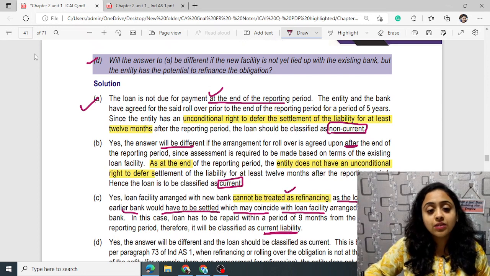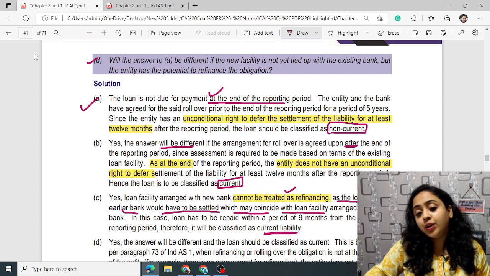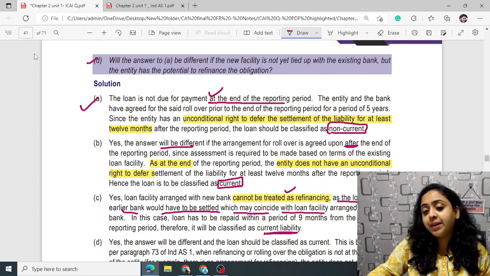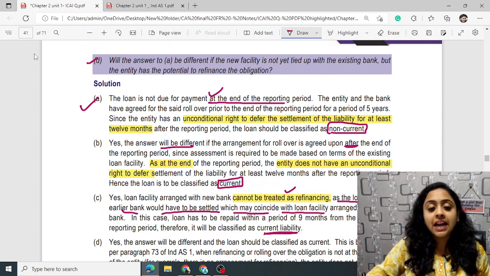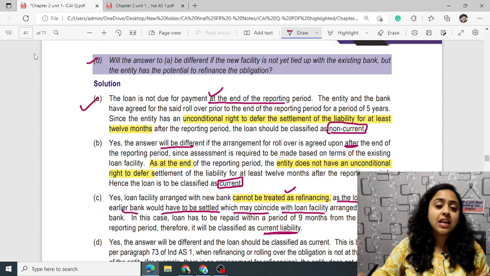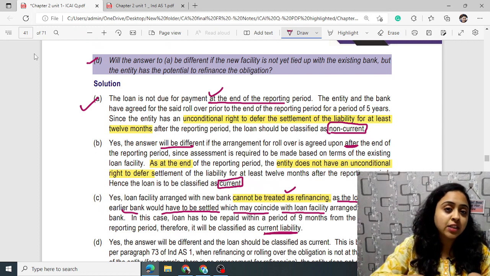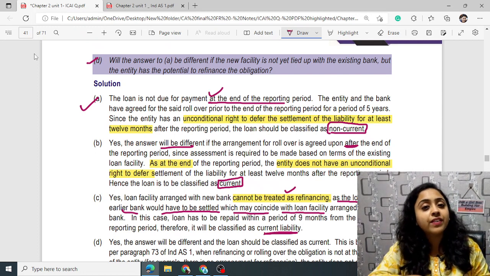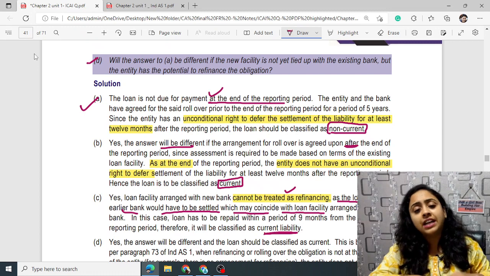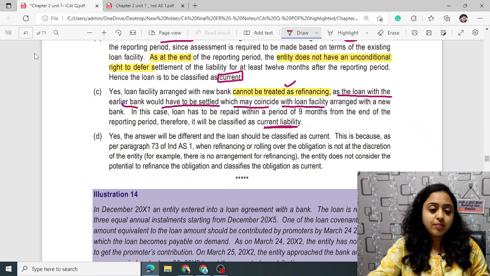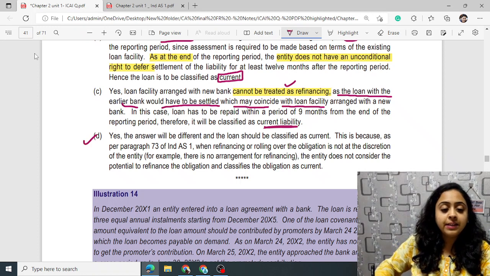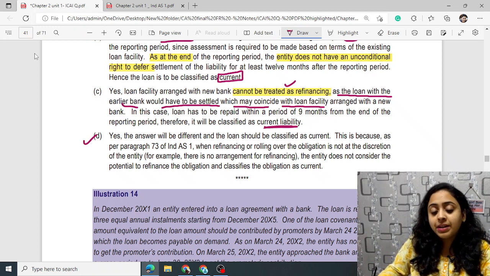Will the answer to A be different if the new facility is not yet tied up with the existing bank, but the entity has the potential to refinance? You know that we have read in the notes that only potential to refinance is not considered, is ignored, and the previous classification is continued. Please read the answer D. Yes, the answer will be different and the loan should be classified as current.